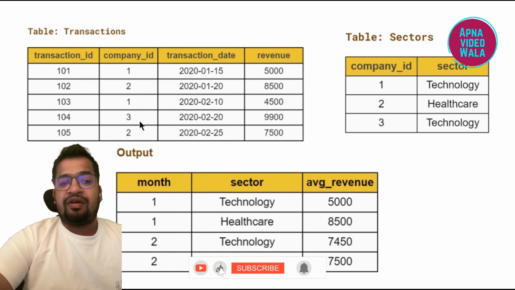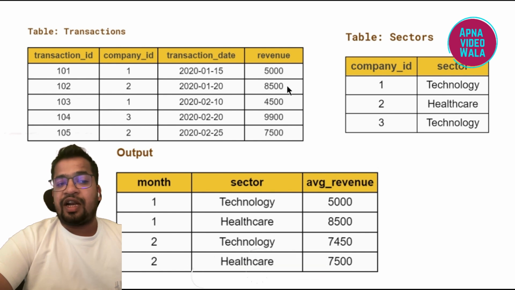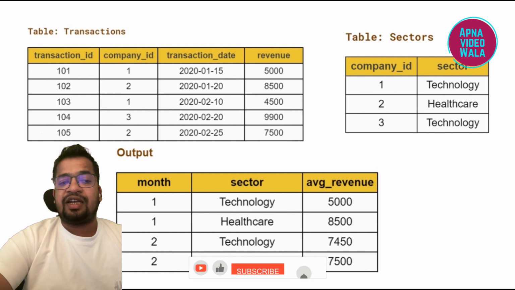Now if you see the February month, there are three transactions belonging to February. For the technology sector, company ID 1 has a revenue of 4,500 and company ID 3 has a revenue of 9,900, and both company IDs 1 and 3 belong to the technology sector.